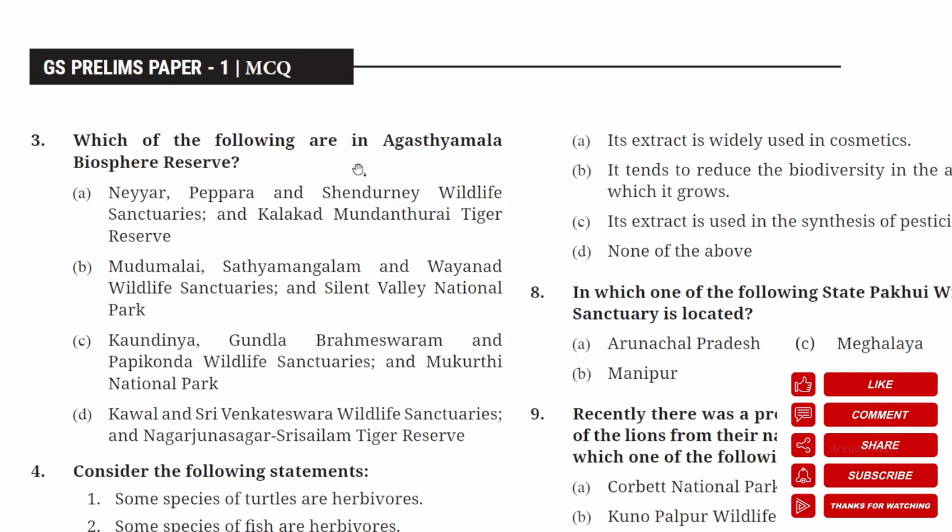In order to know the exact answer, one should know that Agastya Malai Biosphere Reserve is present in the southernmost tip. One may not remember all the names. It is natural. I also don't remember all the names.